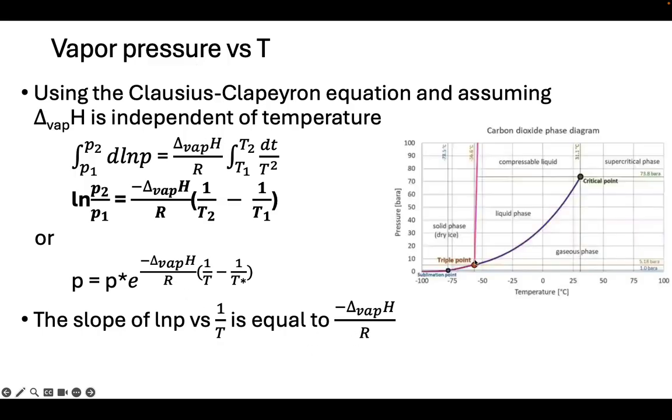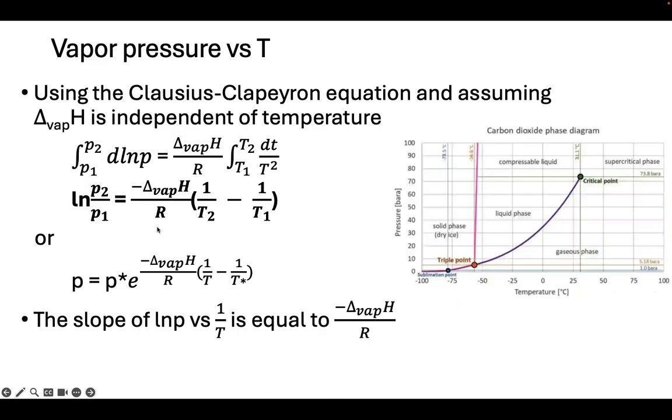And it gives us the shape of this curve here. Now, I should point out that most of the time when you look at these curves, they're not necessarily linear. This one is linear. I went to the trouble of finding a linear curve. This is for carbon dioxide. And you can see the pressure here is going up exponentially.